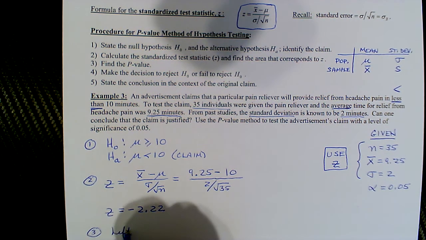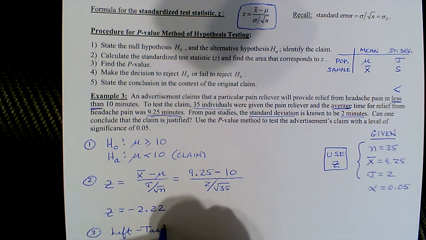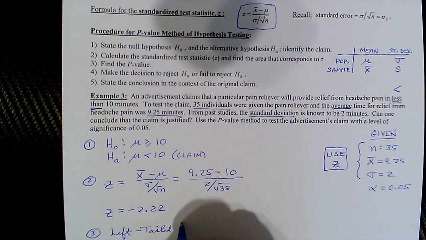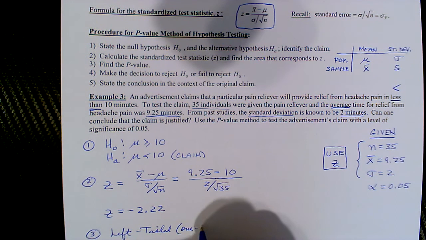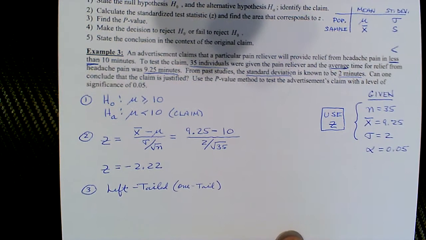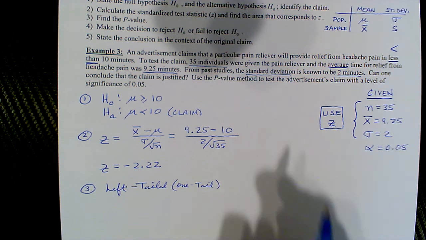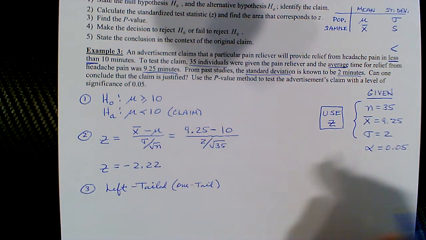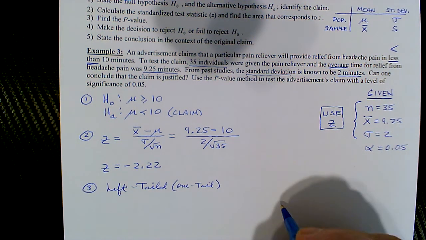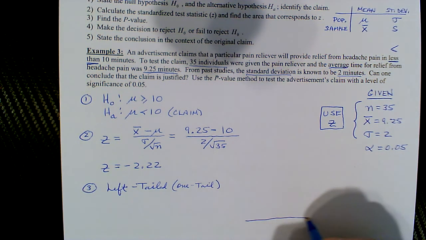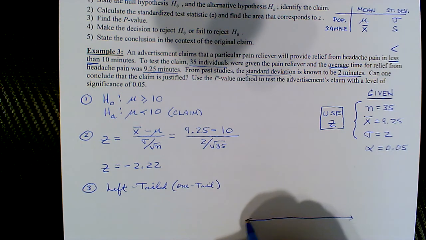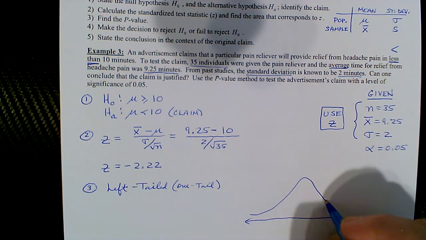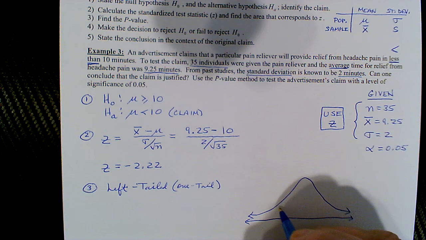Alright, so the third step is to get the p-value. Note that this is a left-tailed test. One tail, of course, if we're saying left-tailed. So it's a one tail left. And that's determined by the inequality in the alternative hypothesis. It's less than, so that's indicating a left-tailed test. So you're going to want to draw the distribution and indicate a left tail.